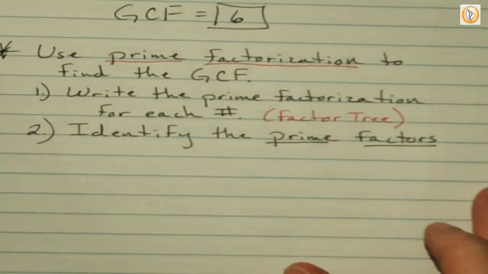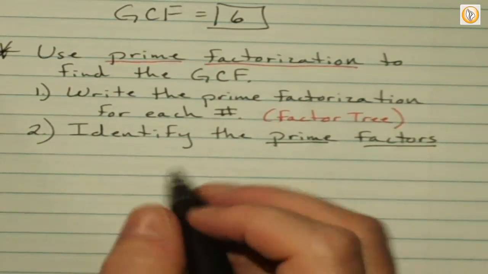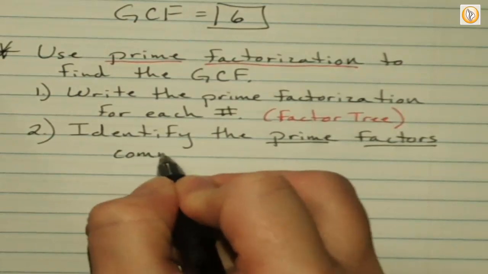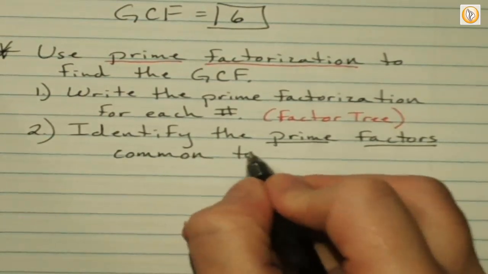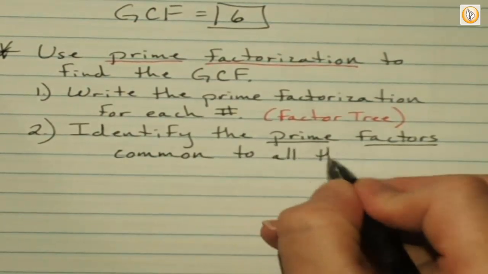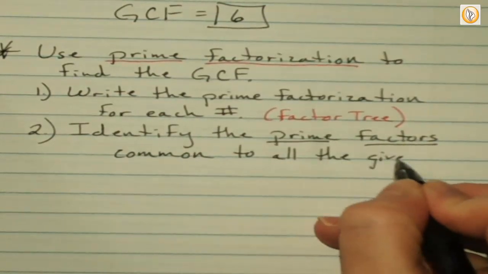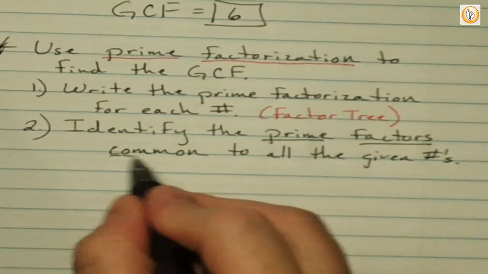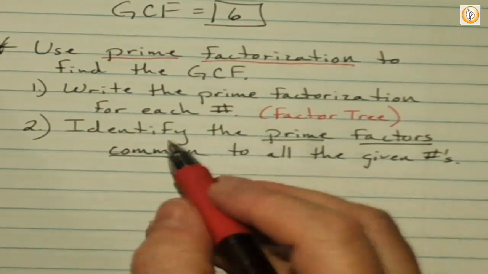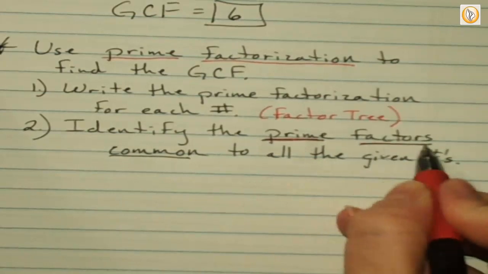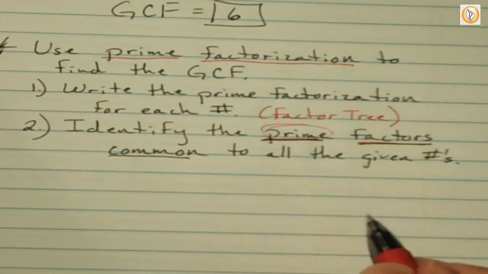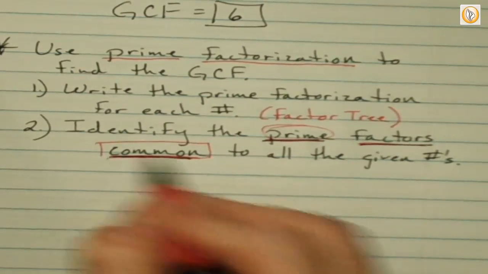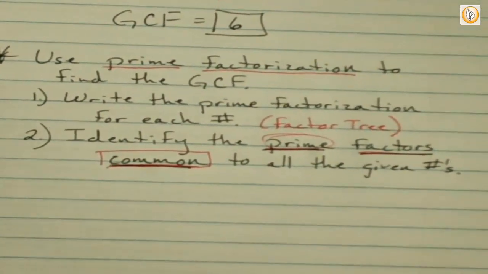We're looking for prime factors. So identify the prime factors common to all the given numbers. So prime factors that are in common to all the given numbers.